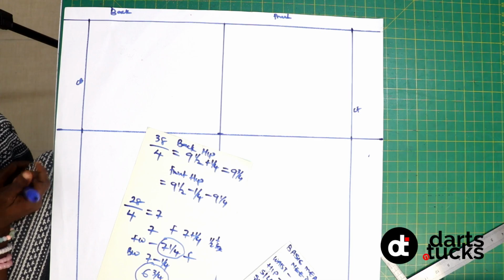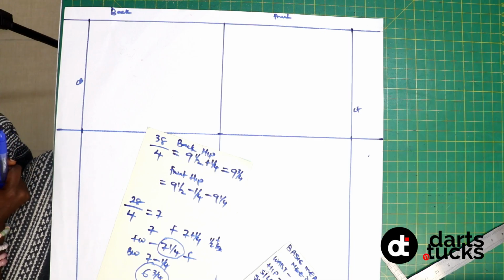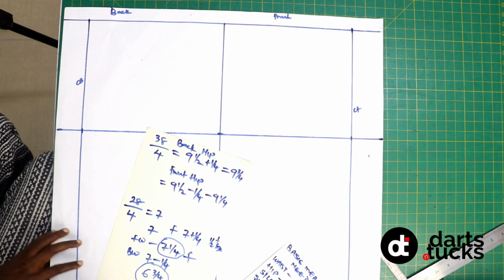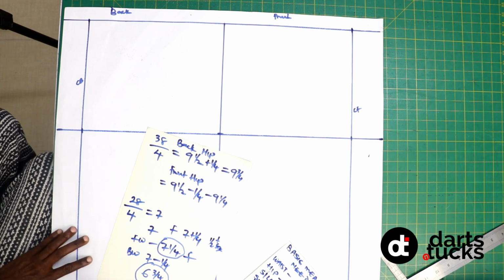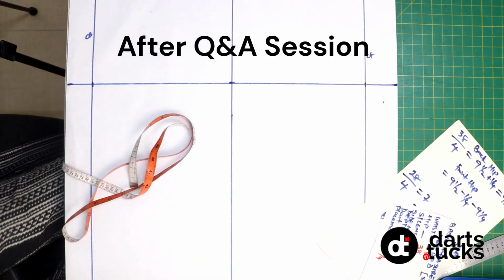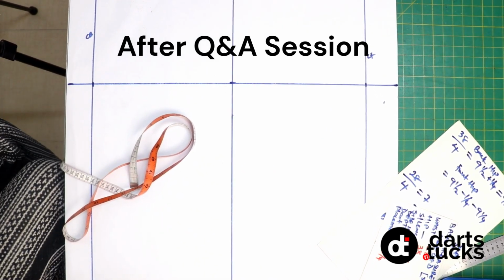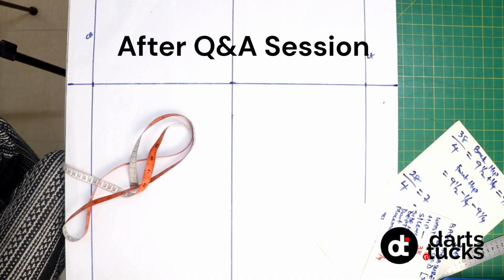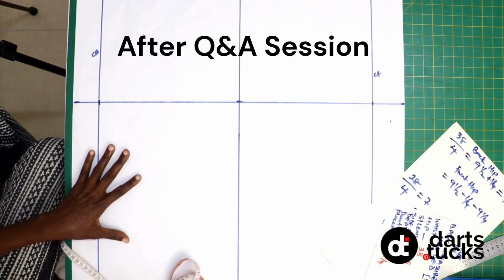So for the 6 3/4, I added 1/4 inch. It becomes 7. So that 7, I'm going to. Okay. So we can proceed.